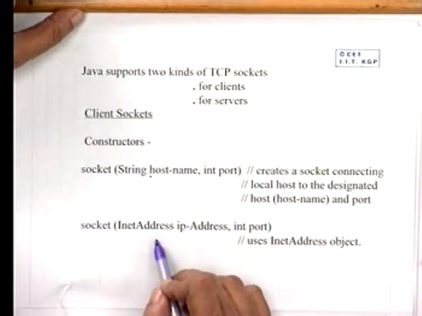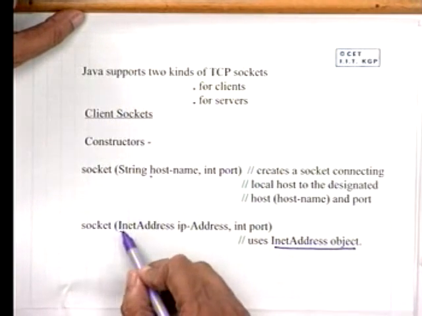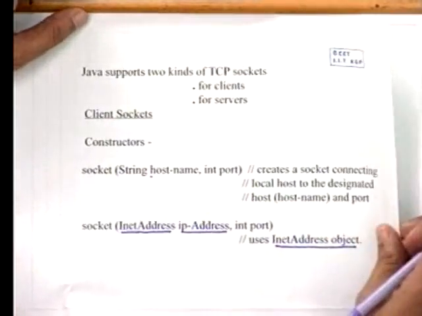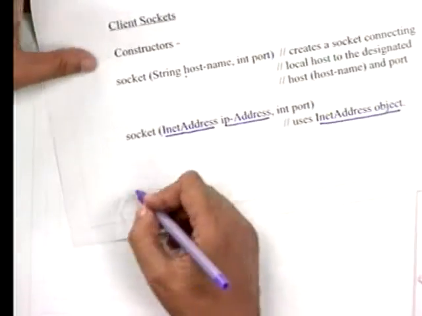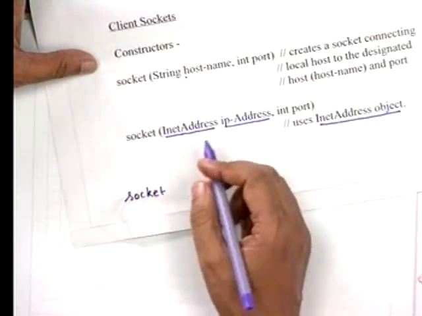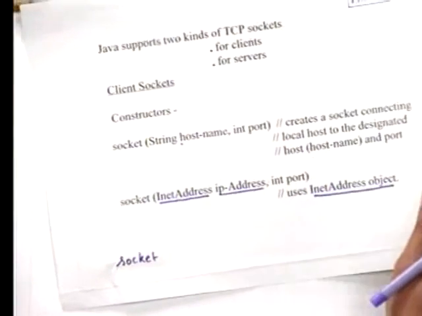In the more general and more common constructor, we use the InetAddress object. In this case the IP address can be any IP address.